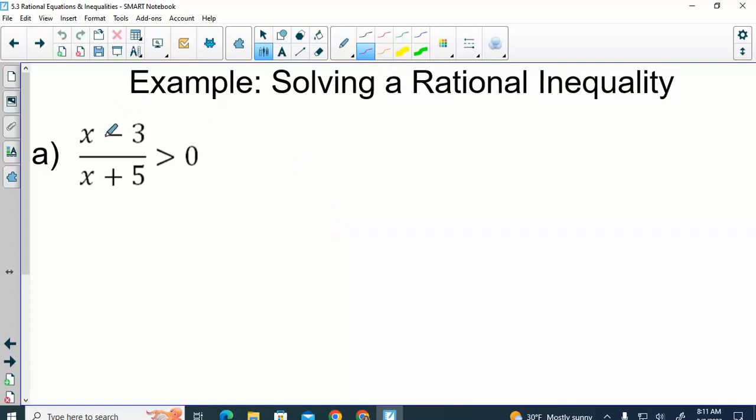So our strategy is going to be to get a single fraction on one side and 0 on the other. And then what I want you to do is set the top and bottom equal to 0. So negative 5 and positive 3 are the two places where this might switch between positives and negatives.